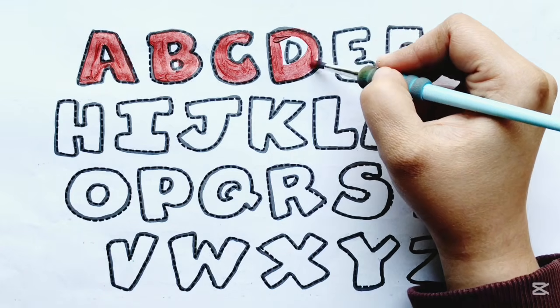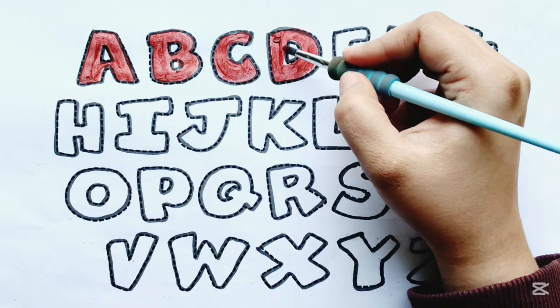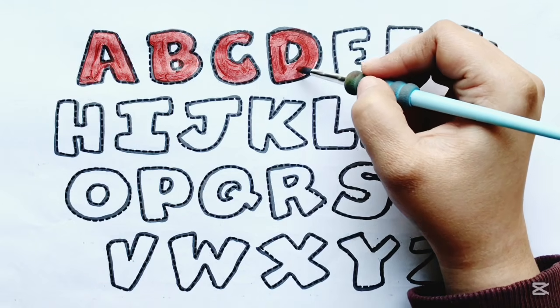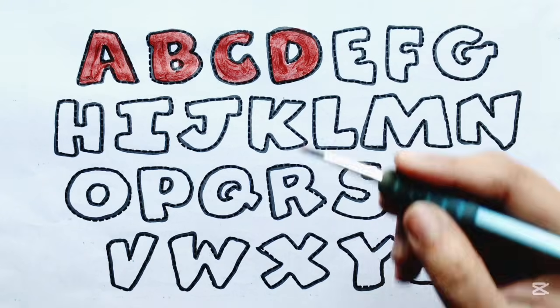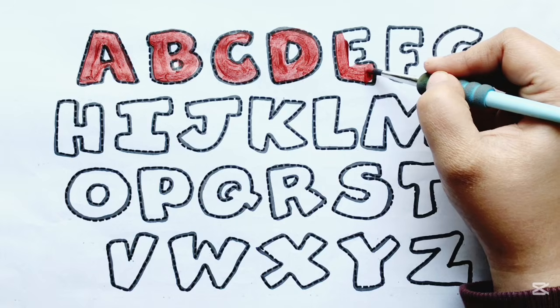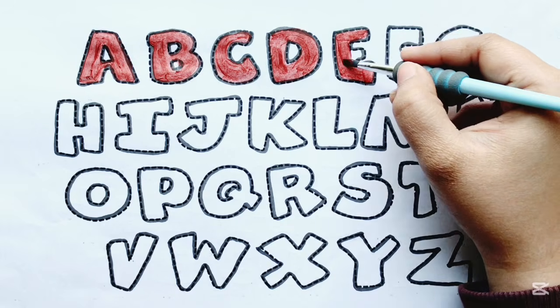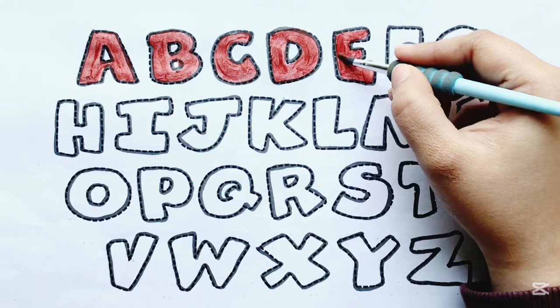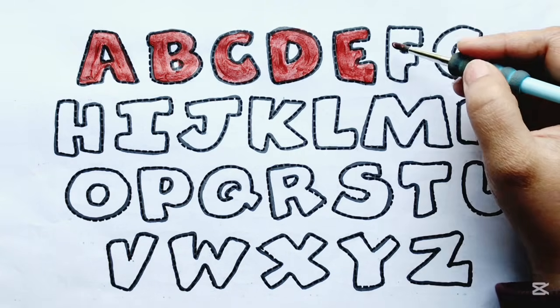Alligator, ant, amazing, art, apple, angel, E for elephant. Answer, April, autumn, ambulance, airplane, arrow, alligator, ant, amazing art.